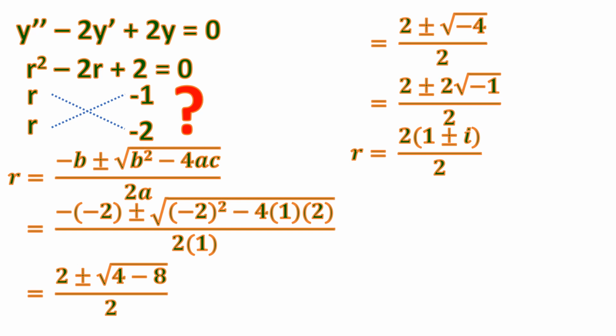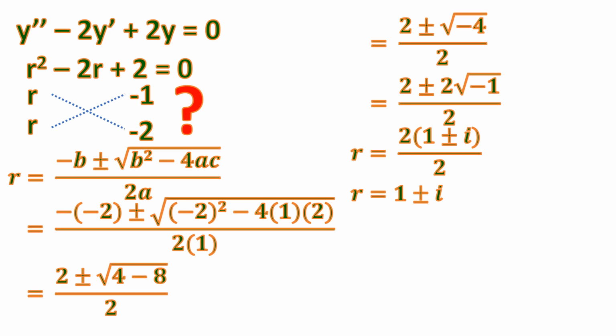So 2 times 1 plus minus i all over 2. Then we can cancel the 2, so that's 1 plus minus i. So that's the root of this auxiliary equation, r squared minus 2r plus 2: 1 plus minus i.